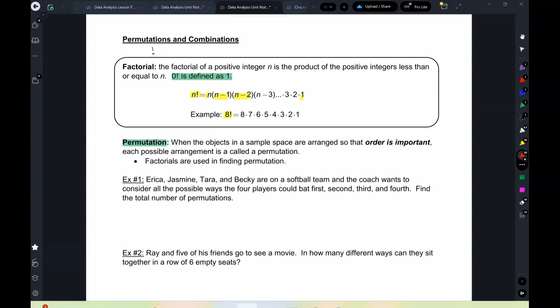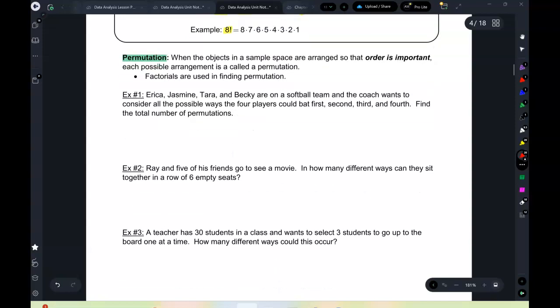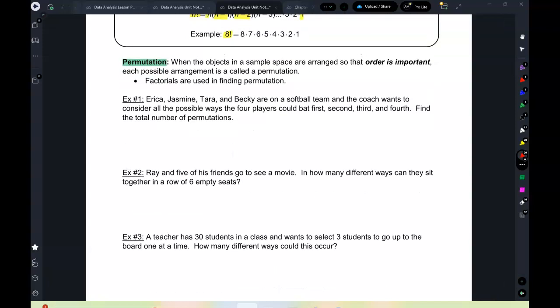Okay, so let's talk about this then. Erica, Jasmine, Tara, and Becky are on a softball team, and the coach wants to consider all the possible ways they could bat first, second, third, fourth. Find the total number of permutations. Okay, so we have 4 slots to fill.